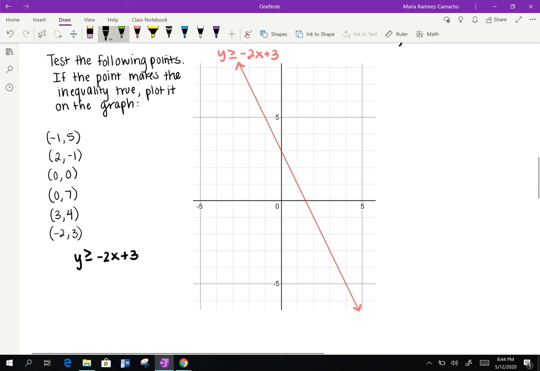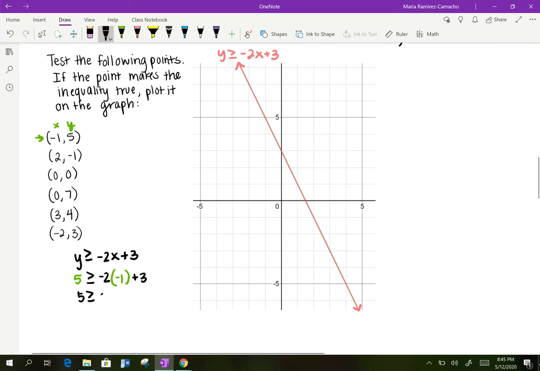So first, let's plug in negative 1, comma 5. So always x first and then y. So 5 is greater than or equal to negative 2 times negative 1 plus 3.